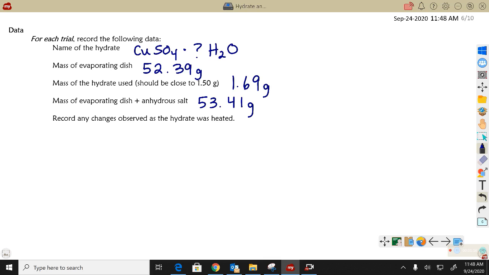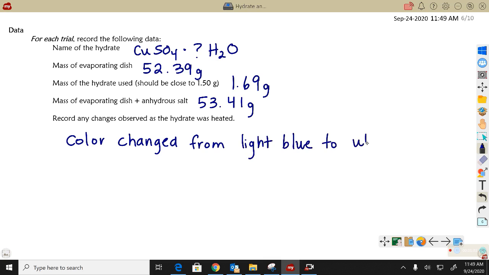As far as observations go, maybe we would say something about there being a color change. We could say the color changed from kind of a light blue to white. Now, sometimes we'll notice some chunks in the evaporating dish that don't heat evenly, so you might see some speckles of blue.